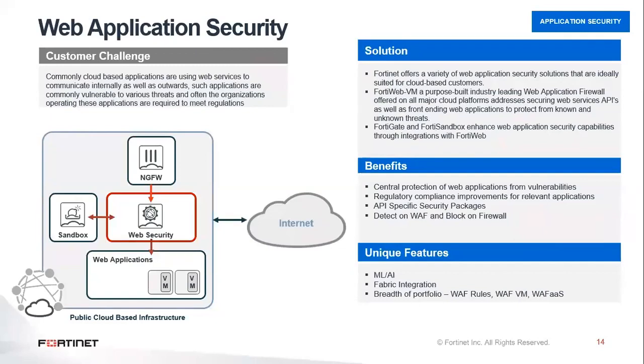In addition, the Fortinet Security Fabric allows threat intelligence sharing with Fortinet products such as Sandbox, FortiKey, FortiMail, FortiClient, and others. FortiWeb Web as a Service is available on AWS, pay-as-you-go, and will soon be available on Azure and GCP.